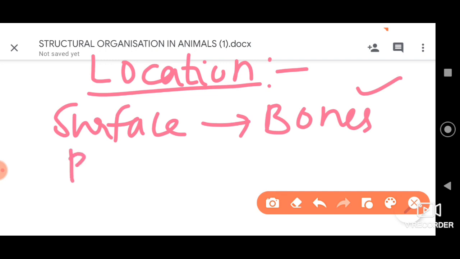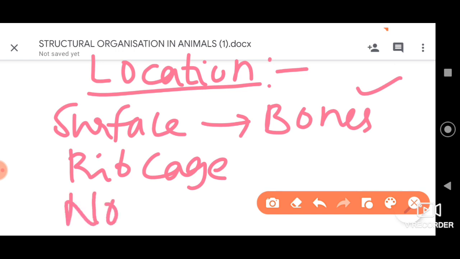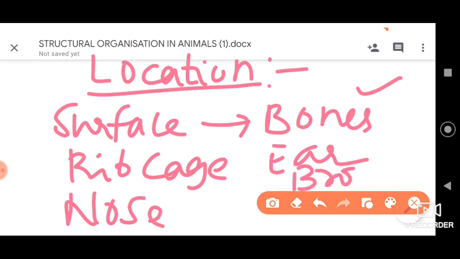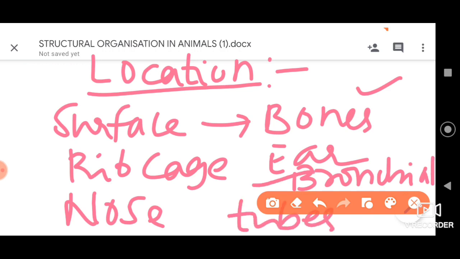We can find it in the rib cage, which covers the ribs, the nose, the respiratory part, the ear, as well as in the bronchial tubes. Bronchial tubes are present in the lungs, so we can find it even there as well.